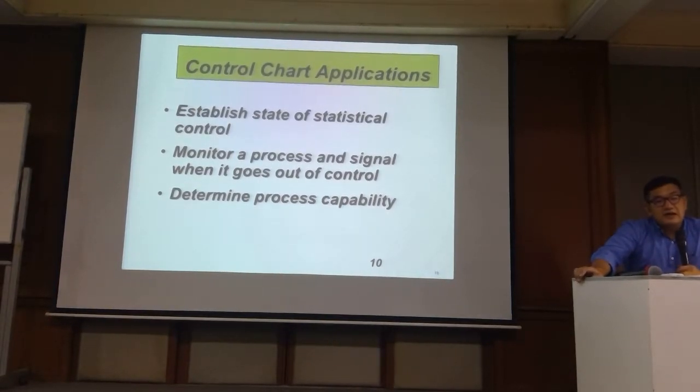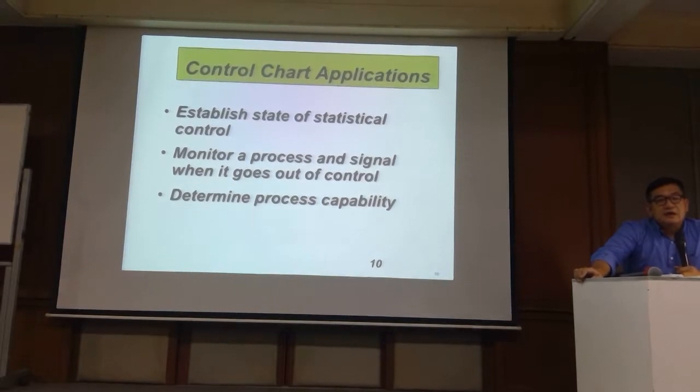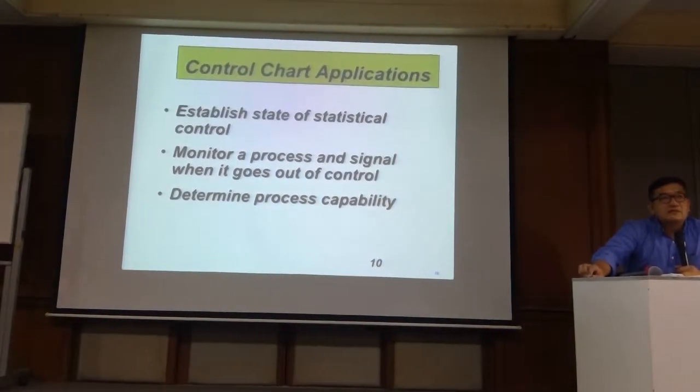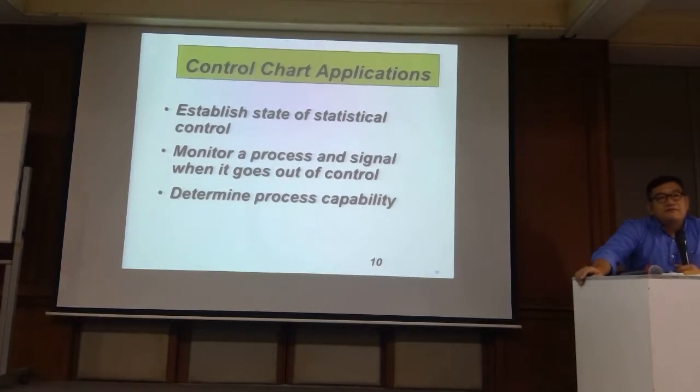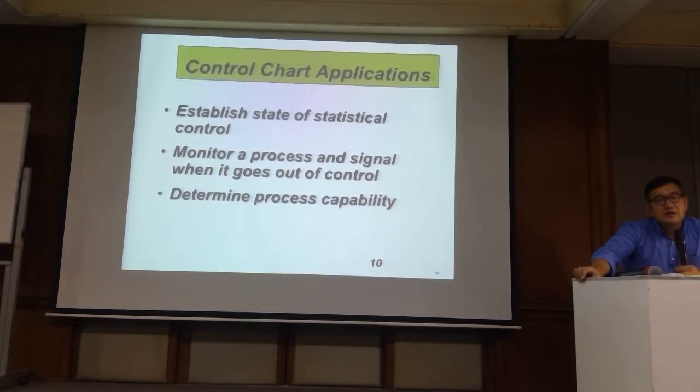Then we investigate in more detail why we have that variation, find the cause of that variation, and try to eliminate it. Once we eliminate it, we construct the control chart to test the process again to make sure we don't have any assignable variation in the process.